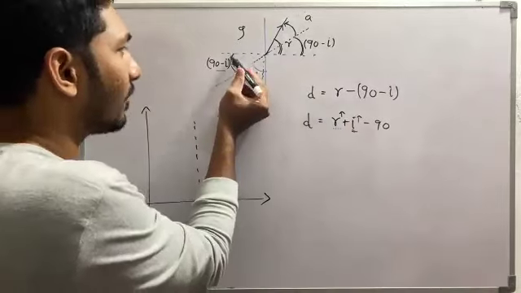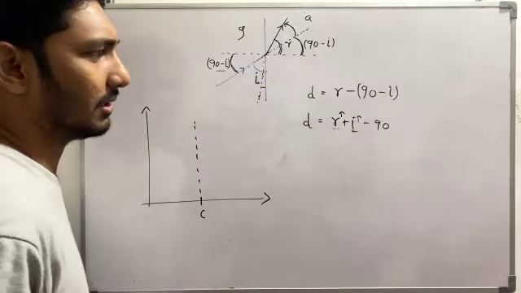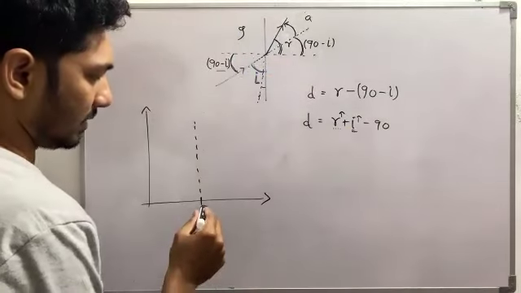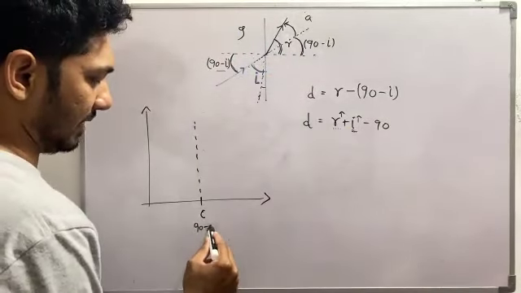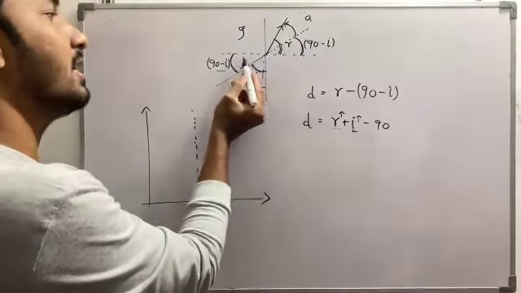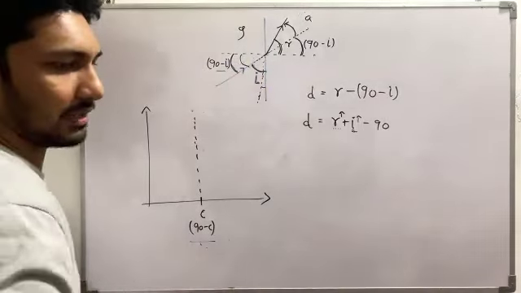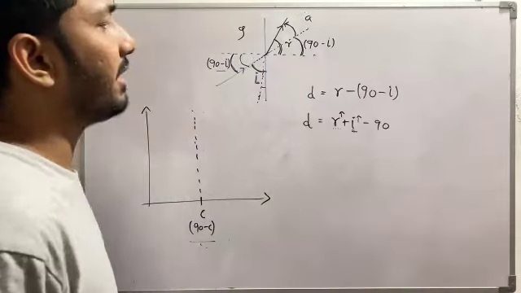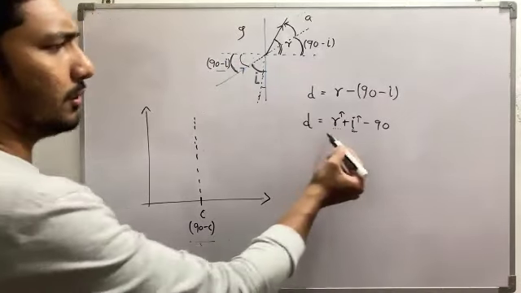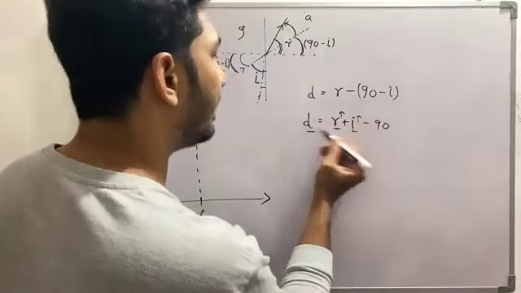This I is not C, this is C, the angle with the normal. I don't have to tell that again and again, but let's do it for what is given. This is I, so this will actually be 90 minus C according to what they have given. The transition occurs not when I is equal to C, but when the actual incident angle is equal to C. So this should be 90 minus C if they are going to draw a graph for this. But anyway, let's do it for this. So you have to find the variation of deviation with I.